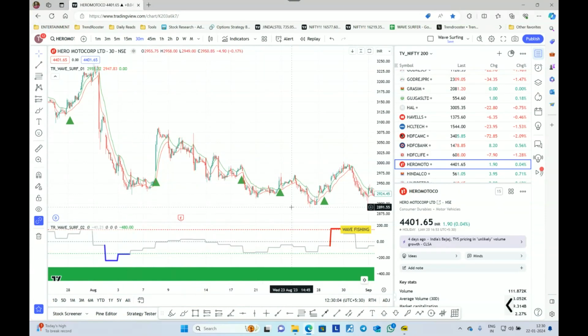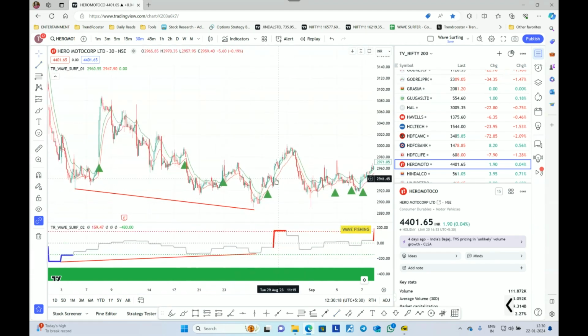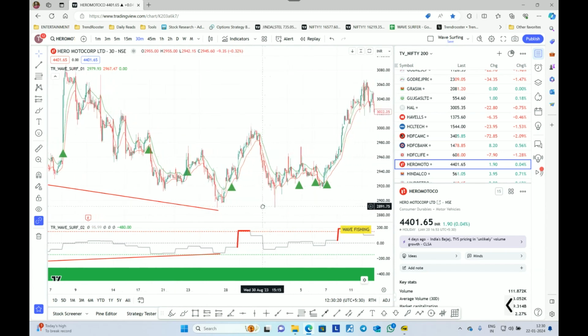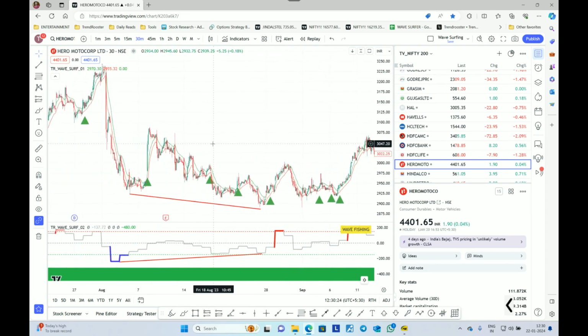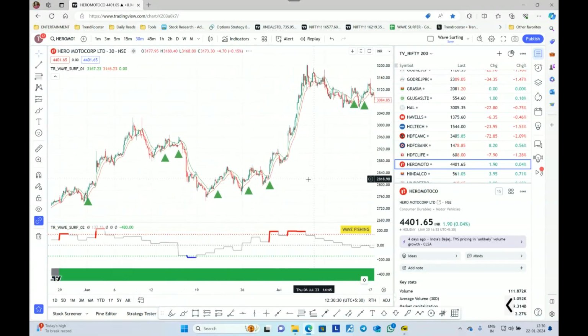The price has to make a lower low. In this case, from here to here is a lower low, and the indicator makes a higher high, so a higher low. And voila. Once you entered here, you see that 1:2, 1:3 are happening. So this is pretty simple. If A1 failed, then typically it goes to A2. That's how it works.